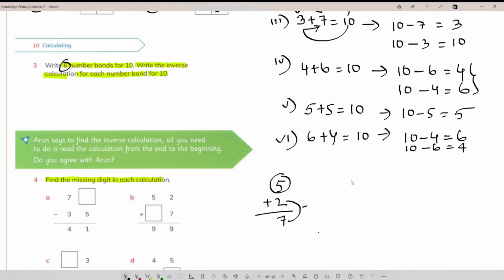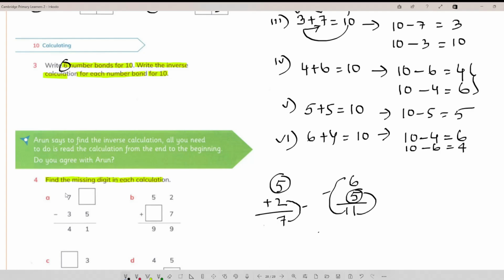Right? Again, 6 plus 5 is 11. It means 11 minus 6 is 5, or 11 minus 5 is 6. Right? Now look, it's a very interesting thing.